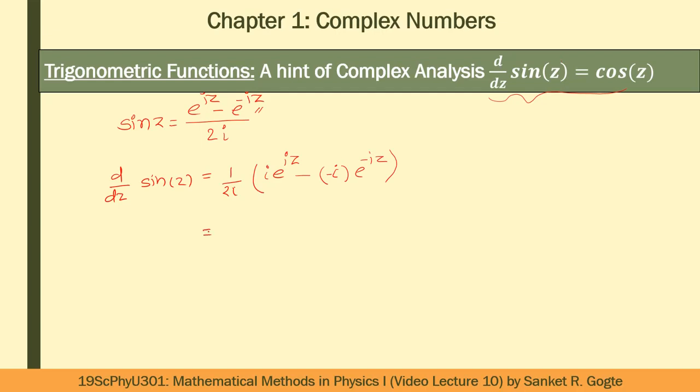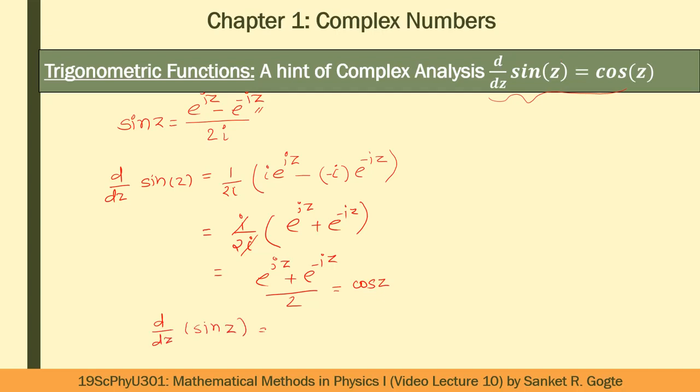Therefore this is equal to 1 by 2i. I can take i common here and we'll get e to the power iz plus e to the power minus iz. Now this i and this i get cancelled and we are left with e to the power iz plus e to the power minus iz divided by 2, which is indeed equal to cos z, and therefore we can write that d by dz of sin z is equal to cos z.